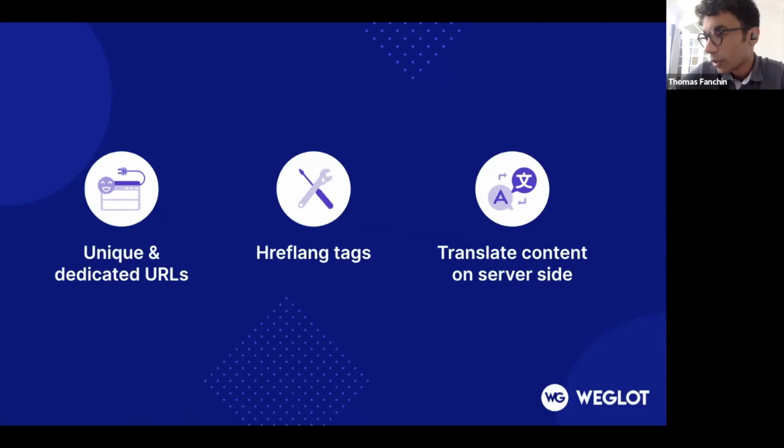For translating your content on the server side, you have two options: a dynamic multilingual plugin or a server-side plugin. A dynamic plugin could be a pain, because the translations are only going to be available for human visitors and not for the bots. It could also be a pain for SEO, because you can sometimes have duplicated content.